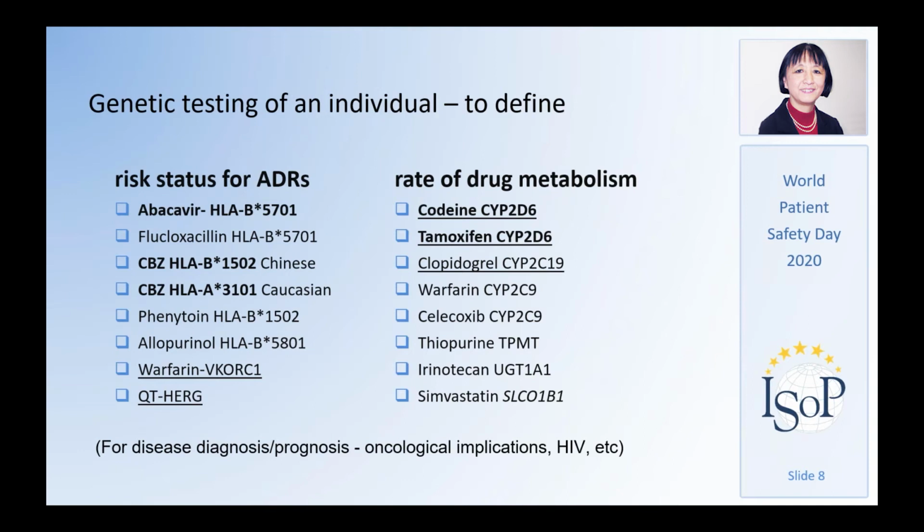Regarding the biomarkers to define rate of drug metabolism, this is not as specific as for the risk status for adverse drug reaction biomarkers. But these enzymes like CYP2D6, 2C9, 2C19 are polymorphic, and there are variations in the genes that are coding these drug metabolizing enzymes.